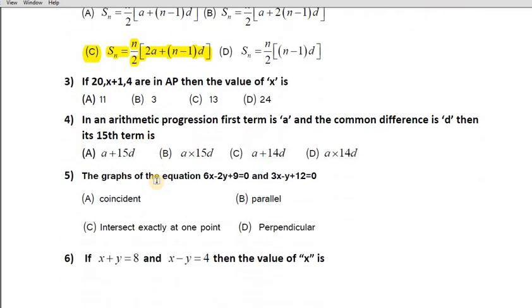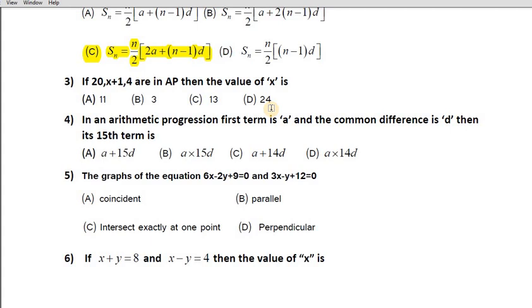Let's see another question, children. If 20, x plus 1, 4 are in AP, then the value of x is. Given options are 11, 3, 13, 24. First understand the problem. Here three terms are given and they are saying these three terms are in AP.